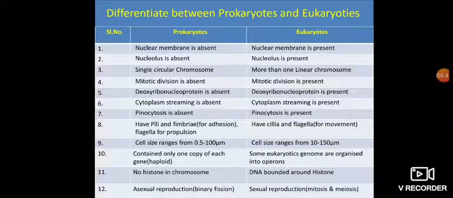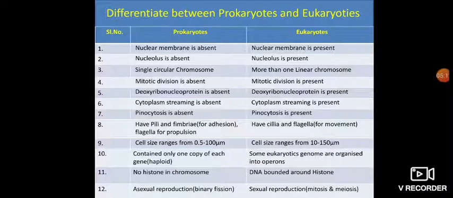Next we consider point number 8: pili, fibrillae, and filaments. I already told you these are for attachment or adherence to different types of locations, so they are required for the prokaryotic cell. In the eukaryotic cell, they have cilia and flagella for movement.